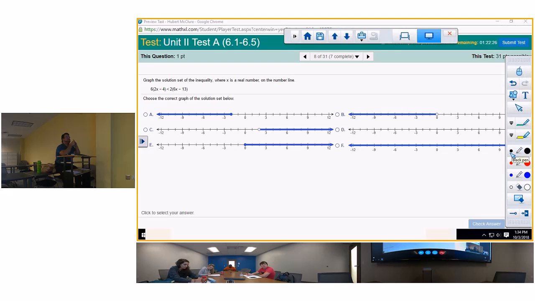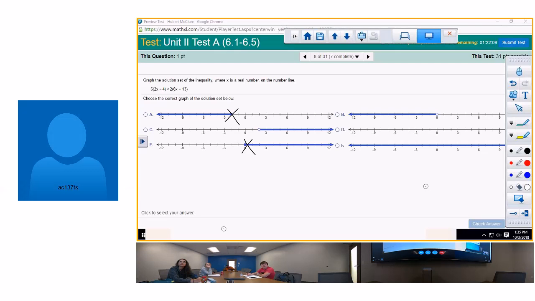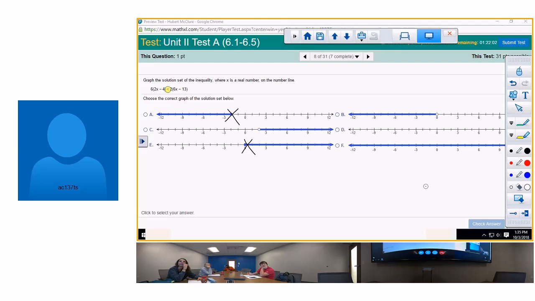Just looking at the problem, not even doing any math. Which ones are not correct? A. Why are those two excluded? Because in our notes, you told us to look at that.